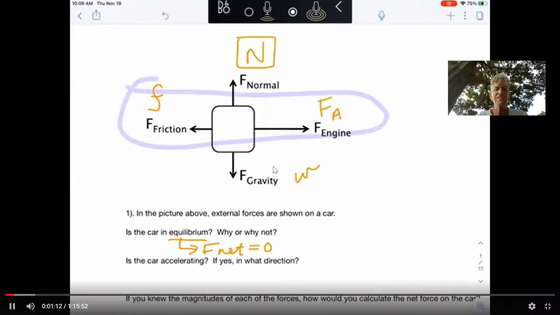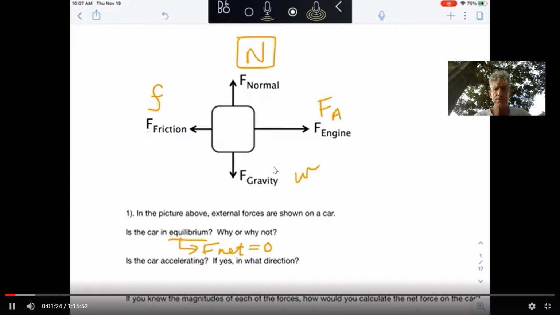So net force horizontally is not zero. So there is a net force horizontally. The vertical forces, normal force and the weight, are balanced out. Okay, so is the car in equilibrium? No, because the horizontal forces are not balanced.